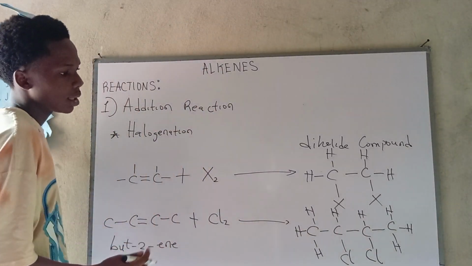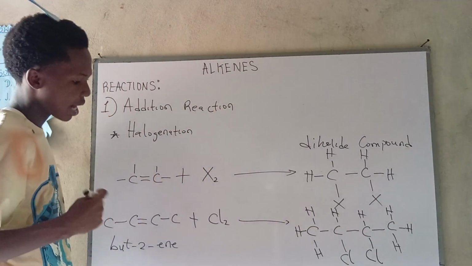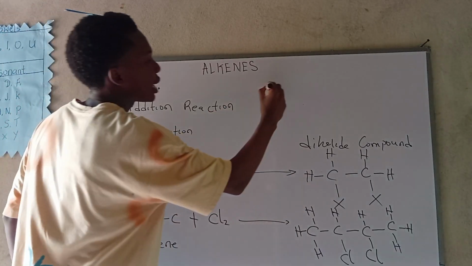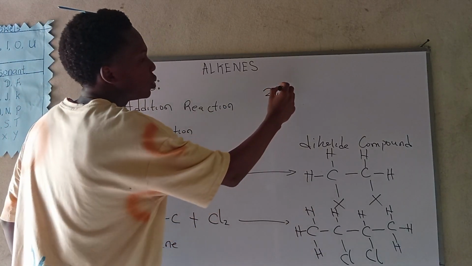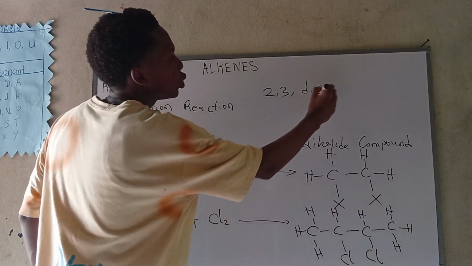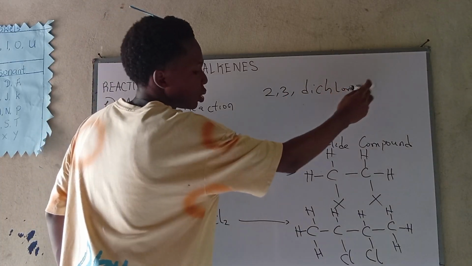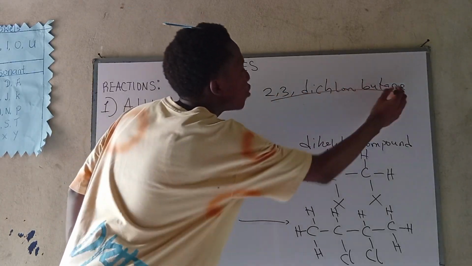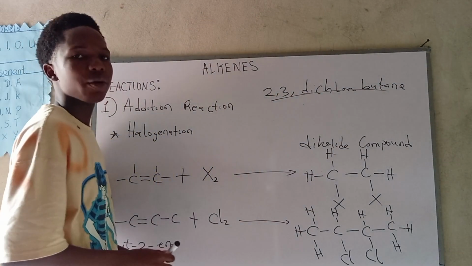Let me write it up because there's no space down. So we can name this compound as 2,3-dichlorobutane. This is the name of the compound that will be formed.